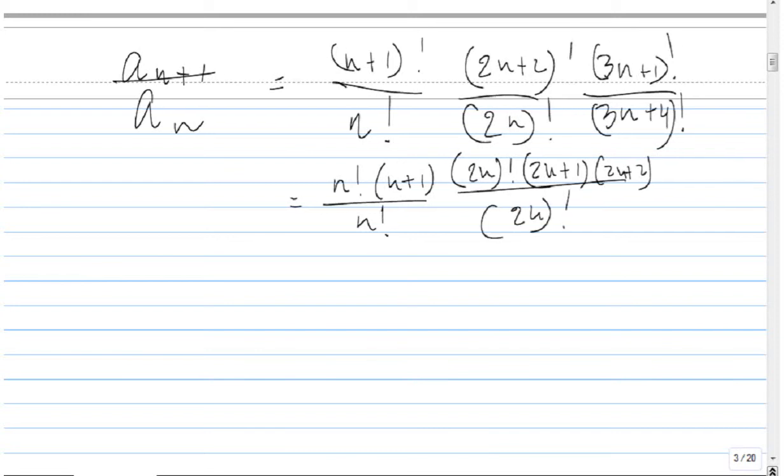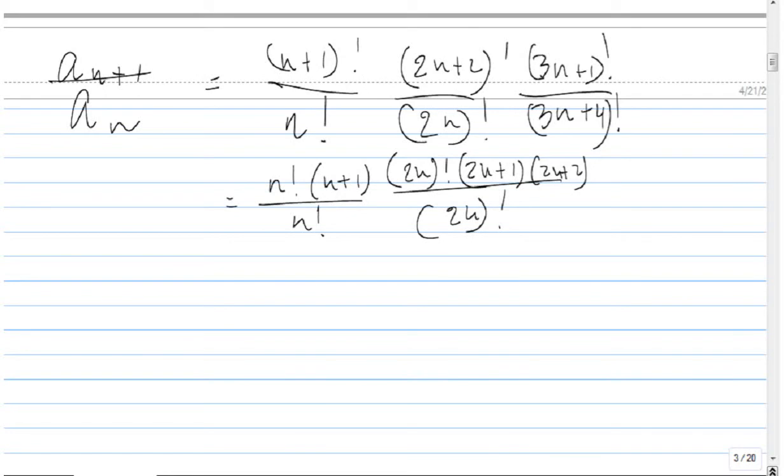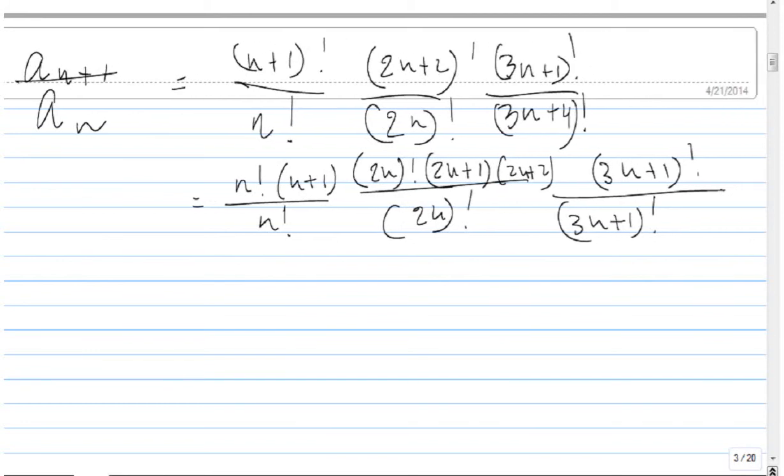And finally, we have (3n plus 1) factorial over (3n plus 1) factorial times (3n plus 2), (3n plus 3), and (3n plus 4).